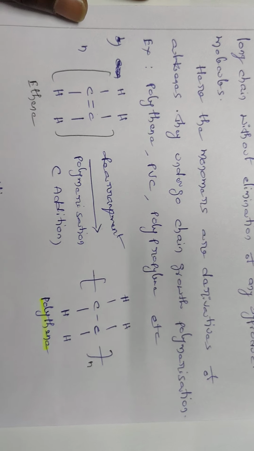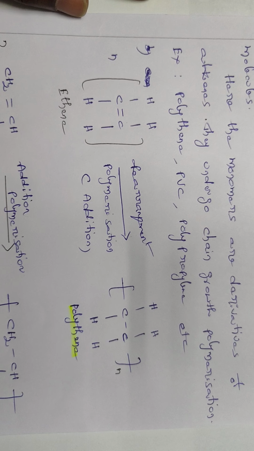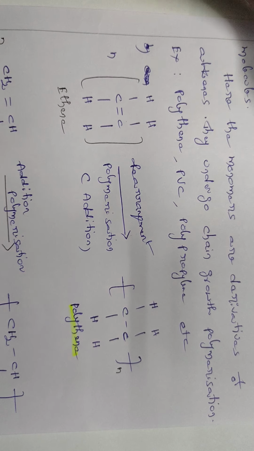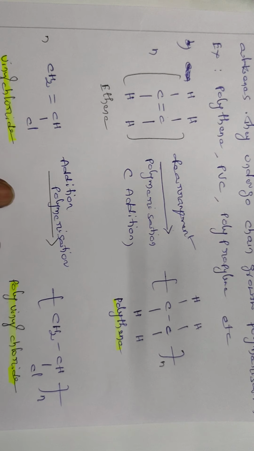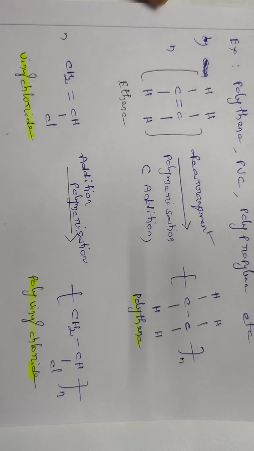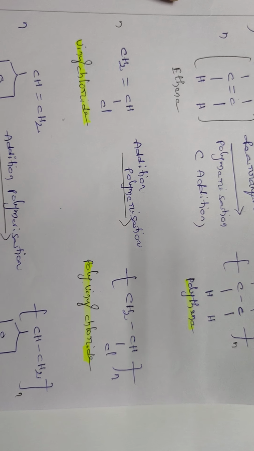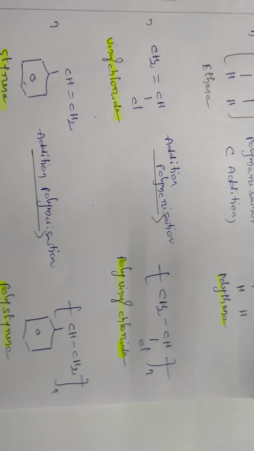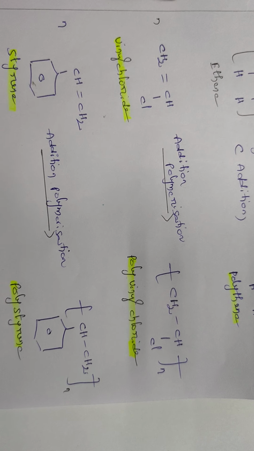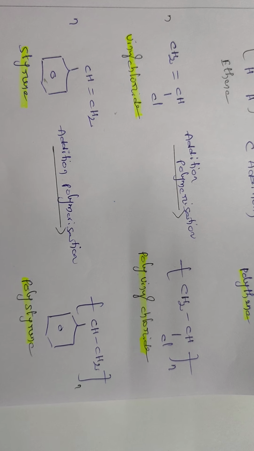For example, polyethylene is an addition polymer. It is a combination of several ethene molecules without elimination of any byproduct molecules. Polyvinyl chloride is also an addition polymer. Polystyrene is also an addition polymer, because these are formed by polymerization of many monomers of the same units without elimination of any byproduct molecules.